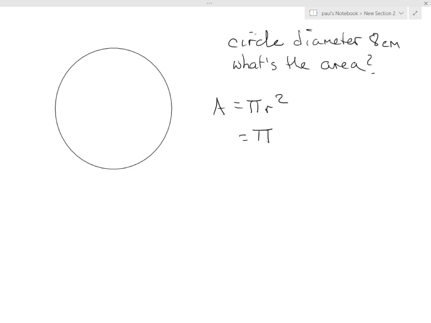Now the radius is half the size of that, so that will be pi times 4 squared, which is 16 pi centimeters squared. As a decimal, you would go shift pi times 4 squared, and all these buttons are on a calculator, and that comes out as 50.27 centimeters squared to 2 decimal places.